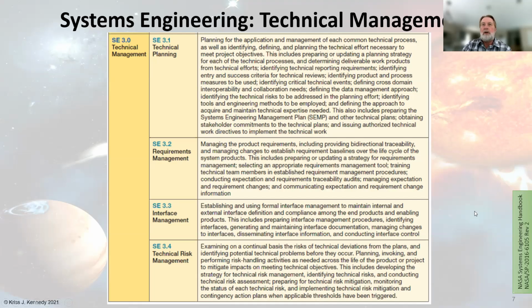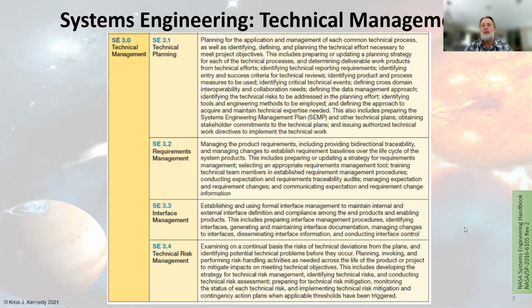Equally important in all this is interface management. The identification of interfaces, and it can be in many forms, not just the technical interfaces, but also understanding the interdependencies of those interfaces and then managing and controlling that.